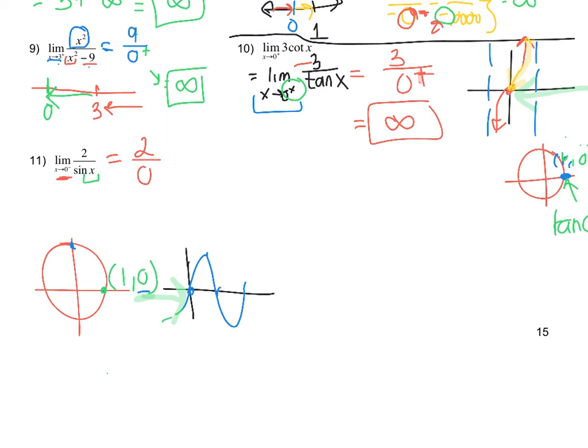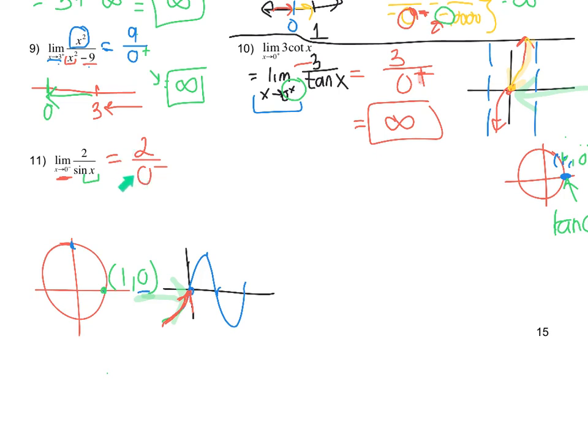Look at my y value. The whole function itself is negative. So as x approaches 0 from the left, we're talking about the function values getting closer and closer to 0 as well. But they're also coming from the left, meaning those values are negative. So we've got 2 divided by this infinitely small negative number.